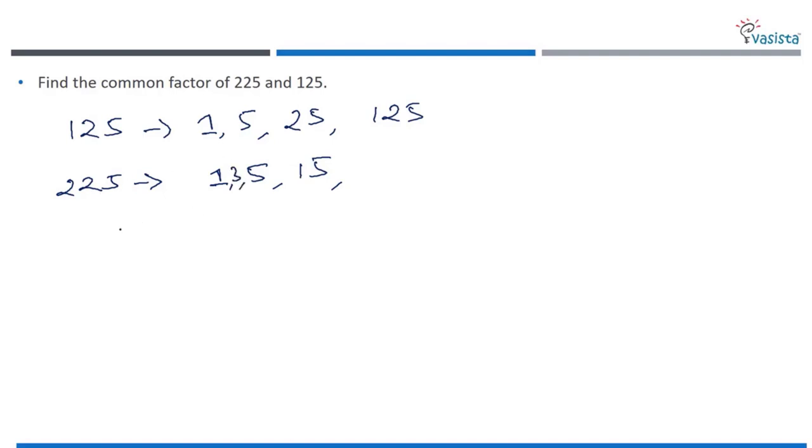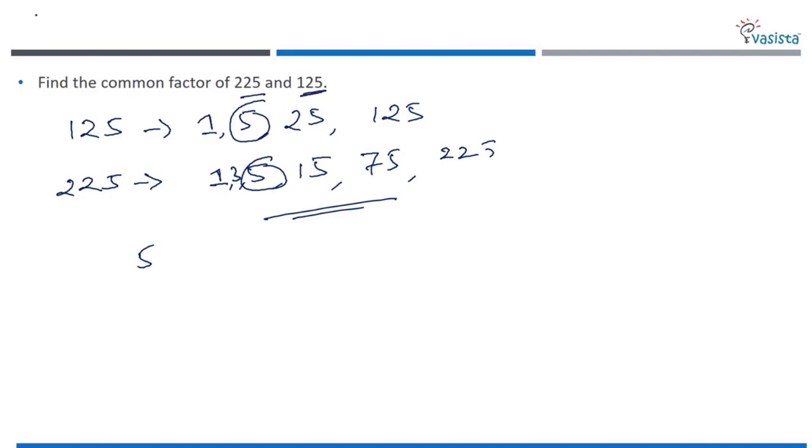Then 15, then 75, because 75 3s are 225, and then 225. What is the common factor here? 5 only. So 5 is the common factor for 225 as well as 125.